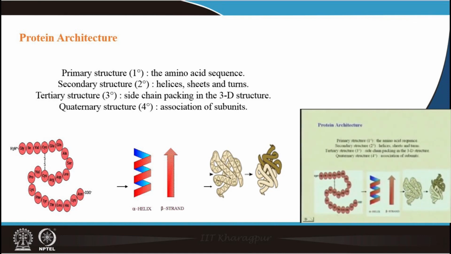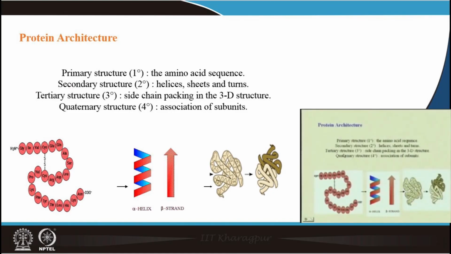Okay, so they just associate with one another. So you have what is called a dimeric structure. For example, hemoglobin. Hemoglobin has a tertiary structure. It has a quaternary structure. It has 4 subunits. What does that mean? It means it has 4 such monomeric units that form the protein.